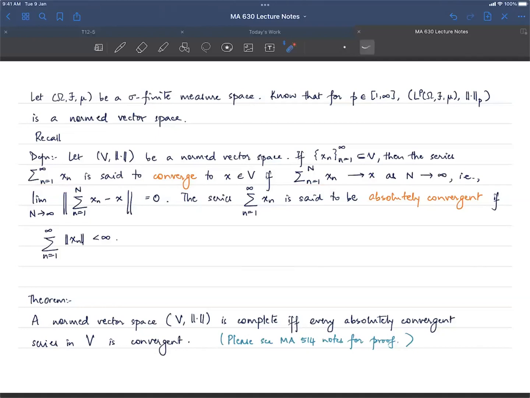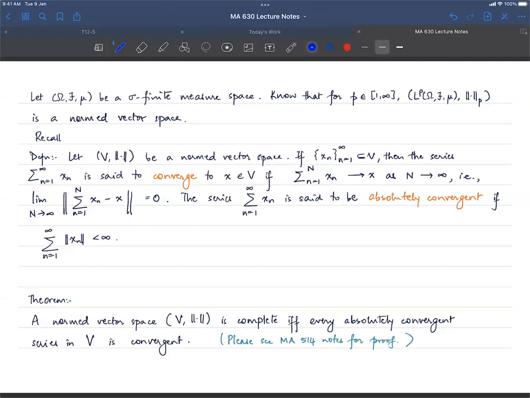This is exactly what you did on the real line. In other words, the partial sum is the sum of x_n, n going from 1 to capital N. So this is the Nth partial sum. If this thing converges to x, then I'll say that this infinite series converges to x.